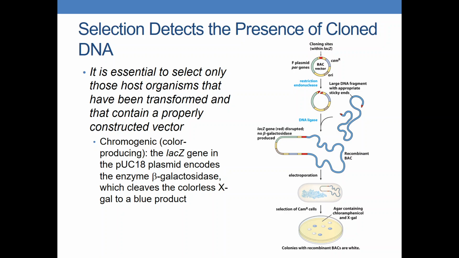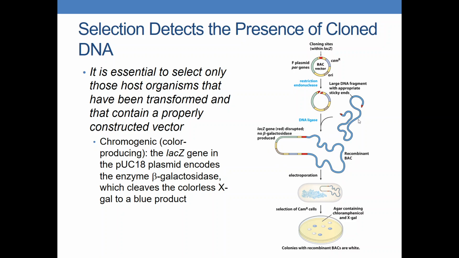We've talked about beta-galactosidase previously in this class. So this is going to be important. Keep that in mind. What we're going to do is treat with a restriction enzyme that is going to cut right in the middle of that LacZ gene. So now we have cut right in the middle of that LacZ gene, and we are going to anneal a large DNA fragment with the appropriate sticky ends to generate our recombinant plasmid.